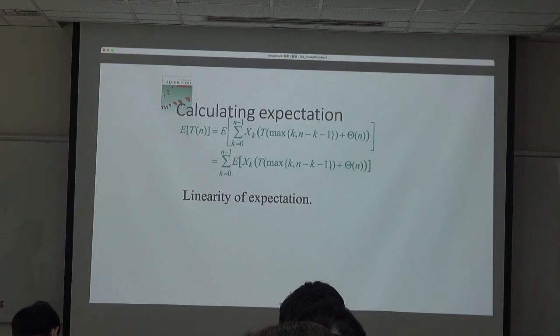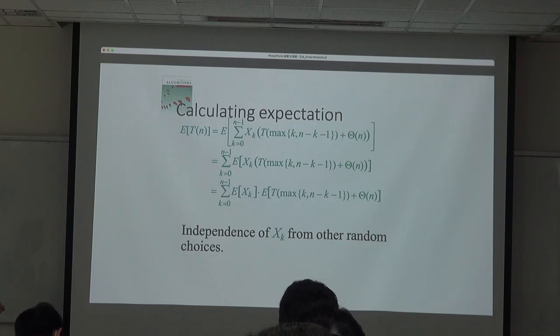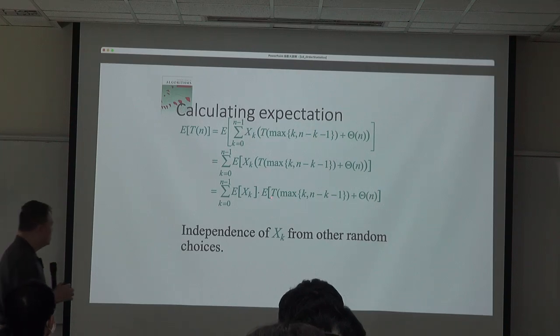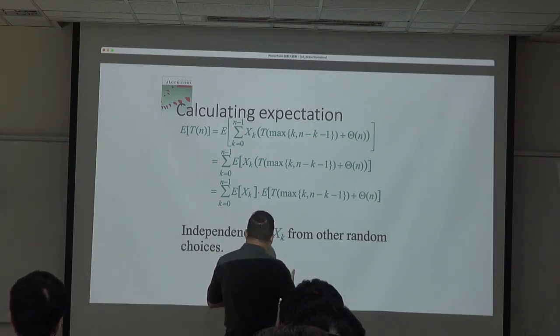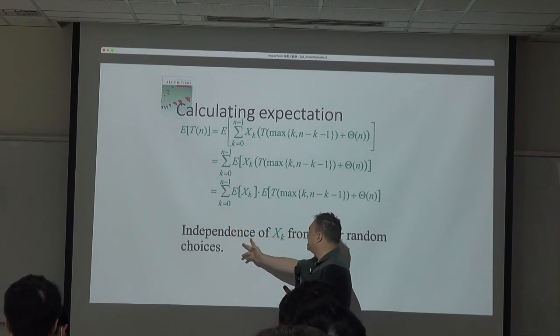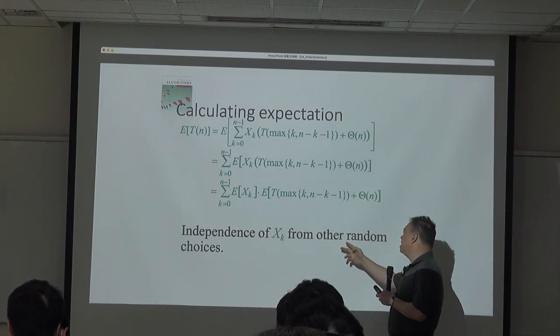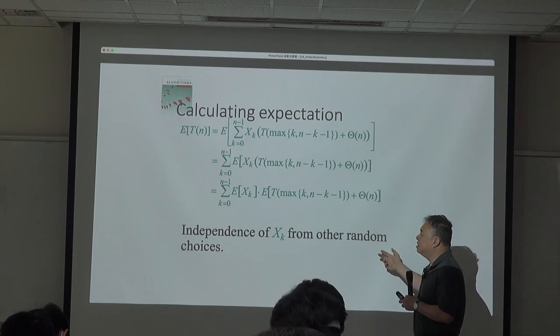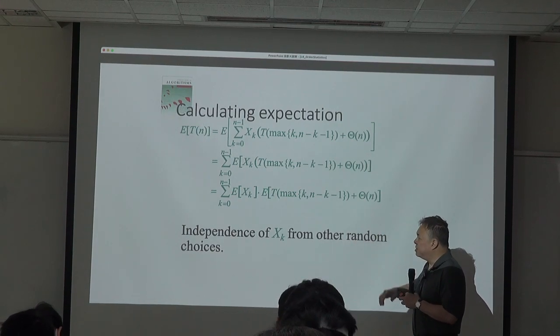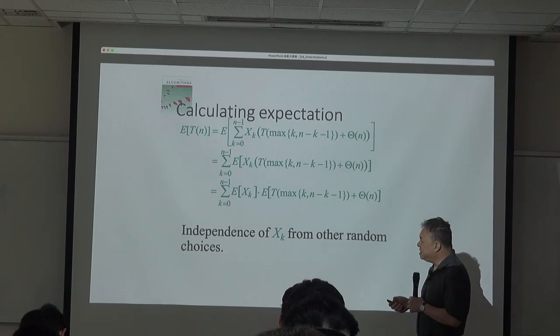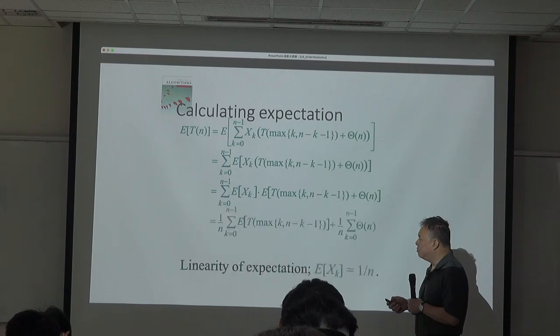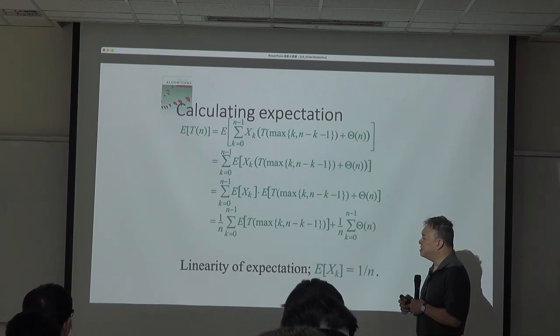Of course, you also apply E on xk, times the rest. Because xk is independent from other random choices, you know that E of xk will be 1 over n.